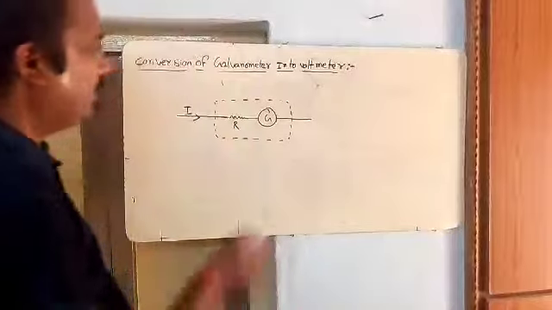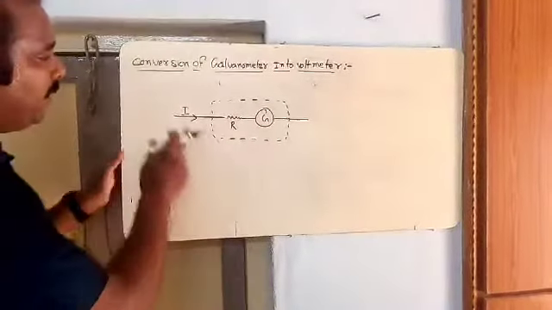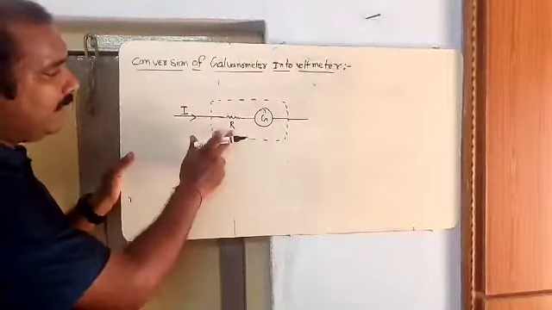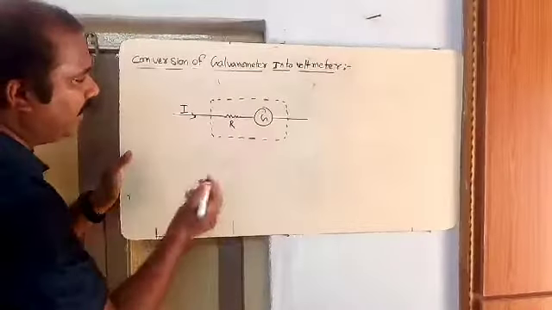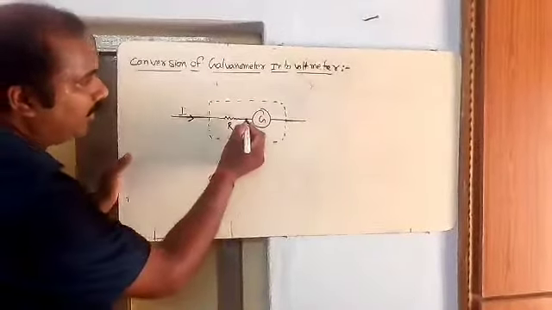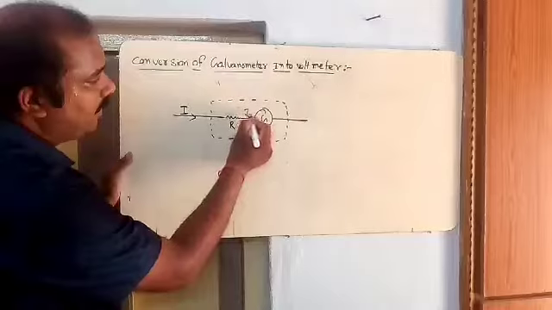Now see here, the current passing through the circuit is I, R is the external resistance, and G is the galvanometer. Here I am applying Ohm's law. The current passing through the galvanometer is Ig.